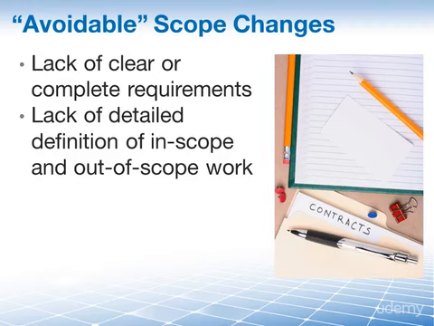When defining scope, be careful of requirements that may be assumed to come with others. Document both what's in and what's out. Then there is gold plating or continuing to enhance the deliverables until they are absolutely perfect. Don't forget the 80-20 rule of diminishing returns.